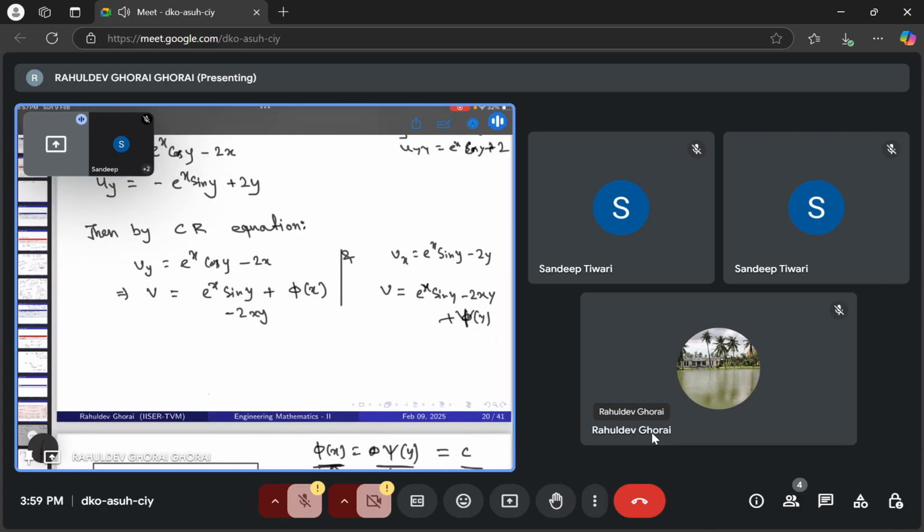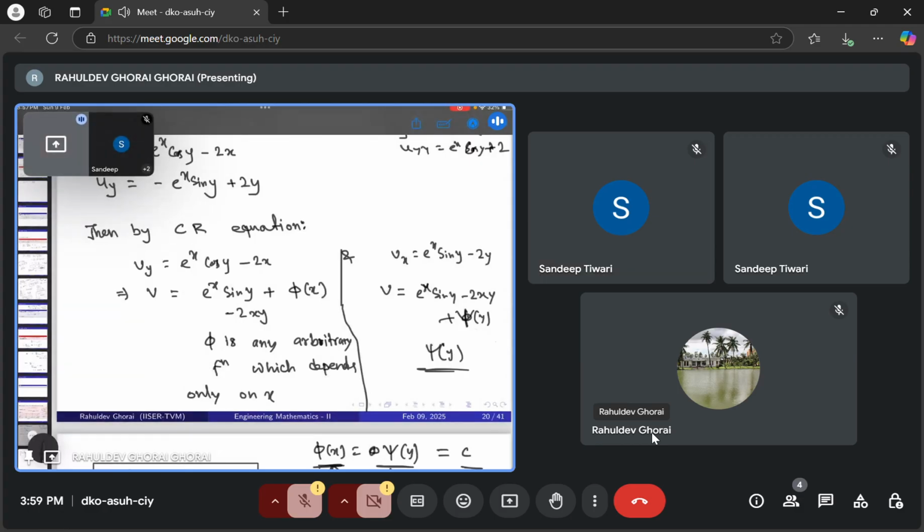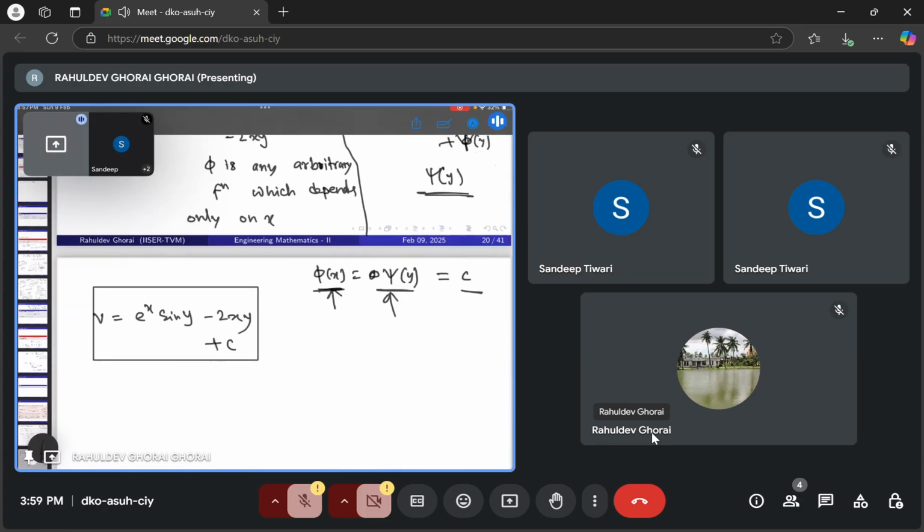We suppose that phi is an arbitrary function which depends only on x, and here you have psi that only depends on y. If they are equal, then the only possibility is that they are constant. So they do not depend on x or y, so they will be some constant.